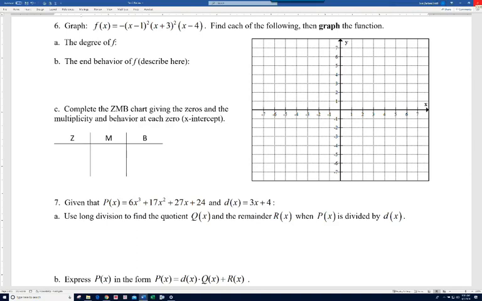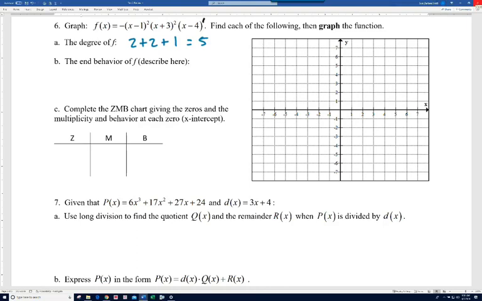Well, we add the exponents on the factors, and so notice this would be a 1, and so we're going to get 2 plus 2 plus 1. Our degree is 5. Now we only do that when a polynomial is in factored form. Normally, if it's in standard form, we just take the degree from the leading term.